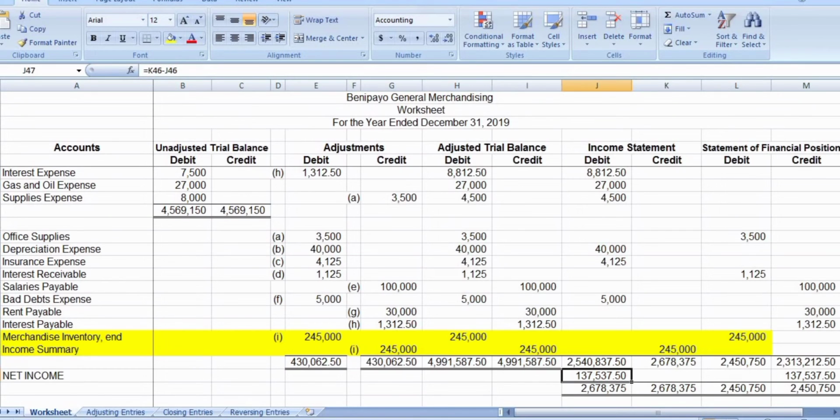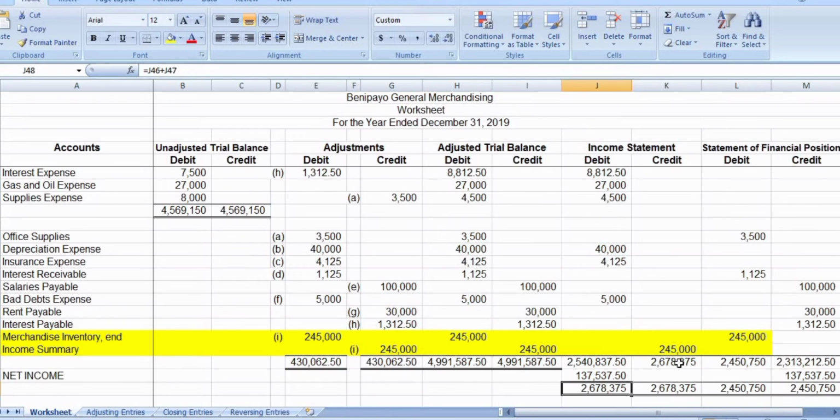Then add 2,540,835.50 plus 137,537.50 equals 2,678,375.